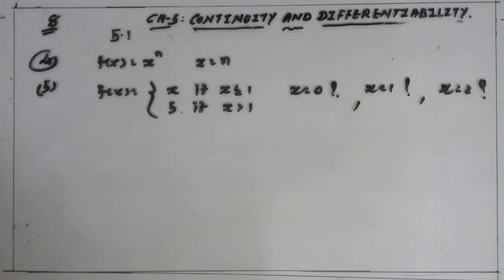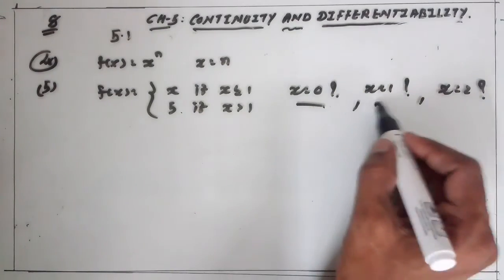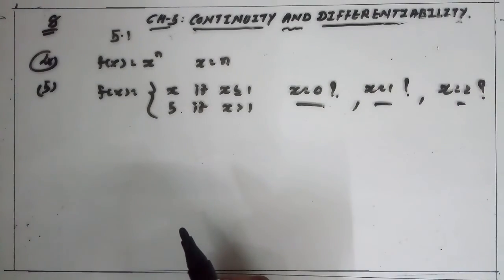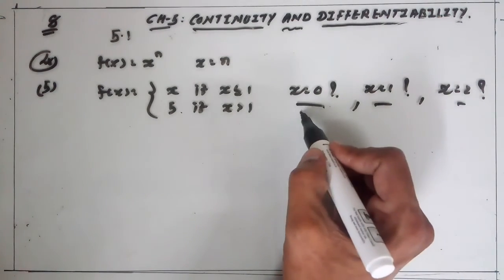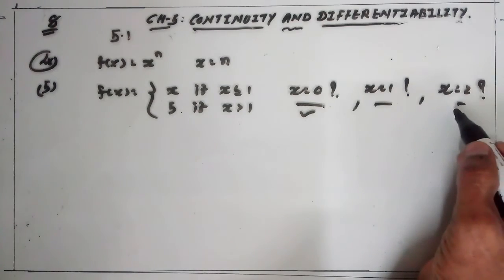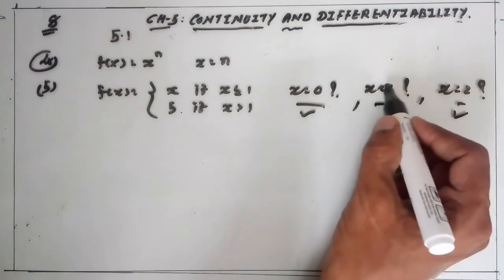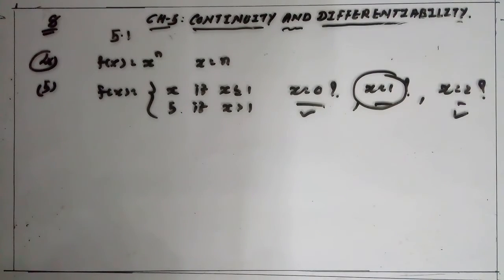Discuss continuity at the several points 0, 1 and 2. Here the function is continuous at x is equal to 0 and x is equal to 2, but discontinuous at x is equal to 1. Think why this type of thing happens.